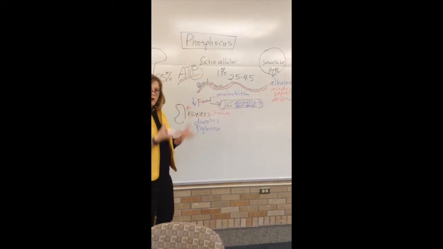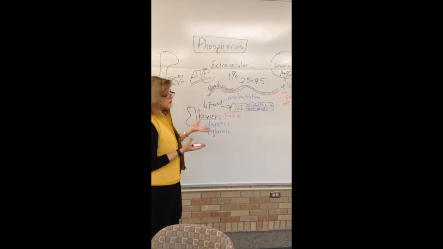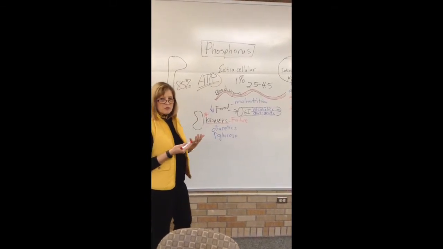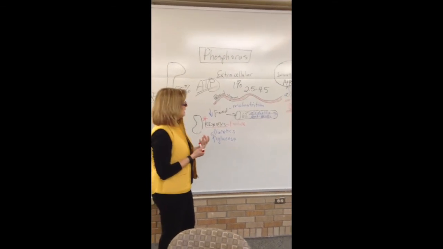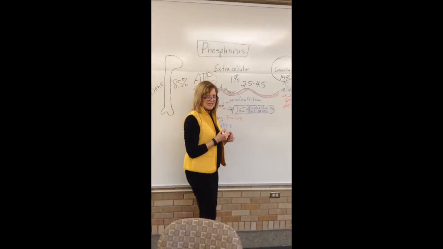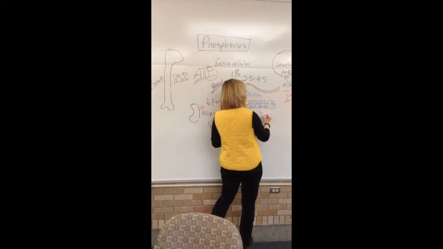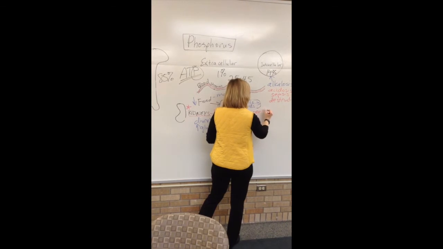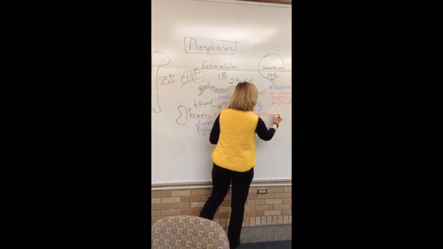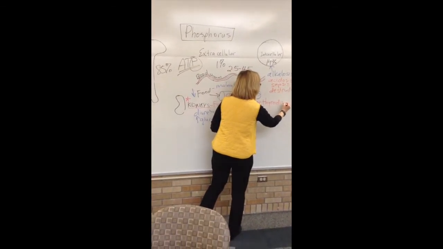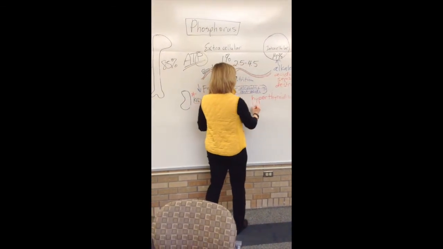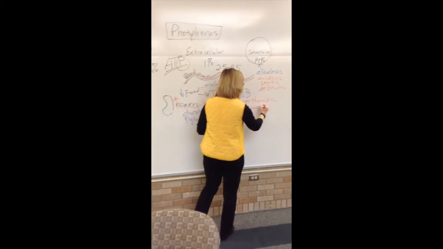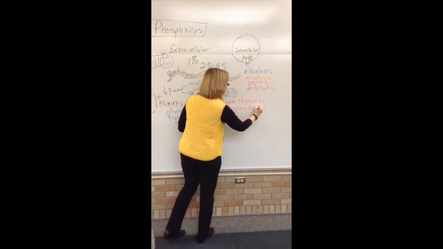And then the last way that phosphorus can be brought up is to have an imbalance, disruption of your calcium levels. And so we tend to see when calcium gets out of balance, for example, with hyperthyroidism or with hypoparathyroidism.